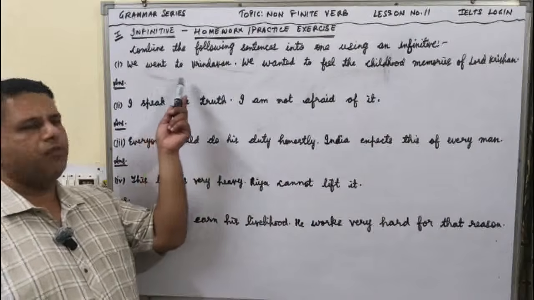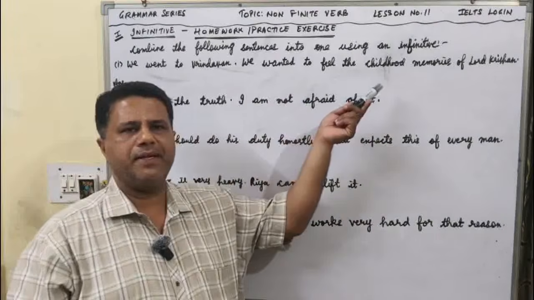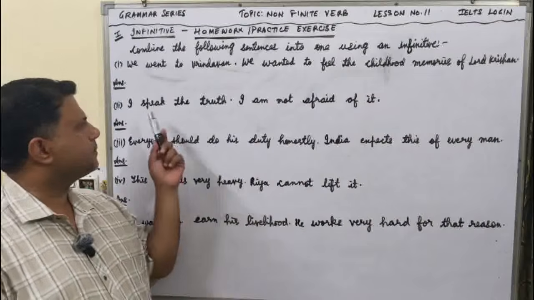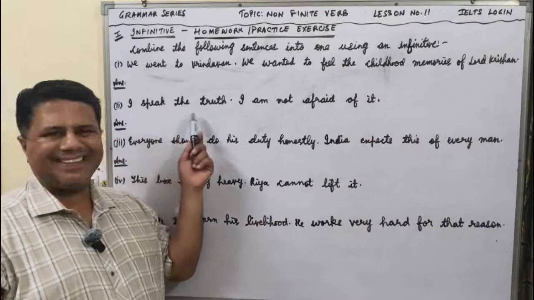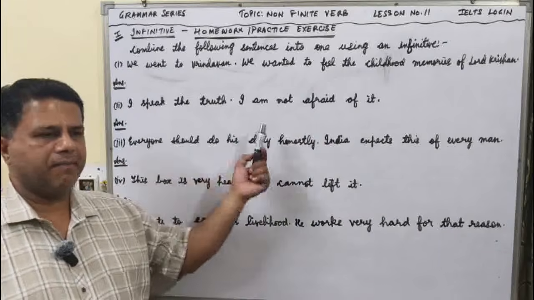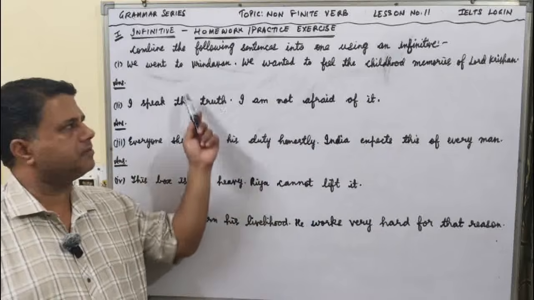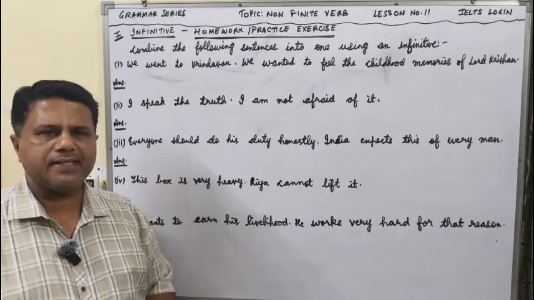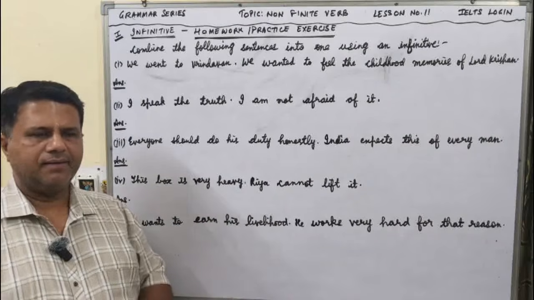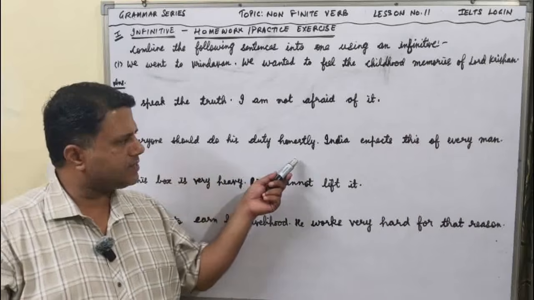First: We went to Vrindavan. We wanted to feel the childhood memories of Lord Krishna. Next: I speak the truth. I am not afraid of it. Combine these two sentences. One sentence will remain the same; the second sentence will be joined with the to-infinitive. Next: Everyone should do his duty honestly.